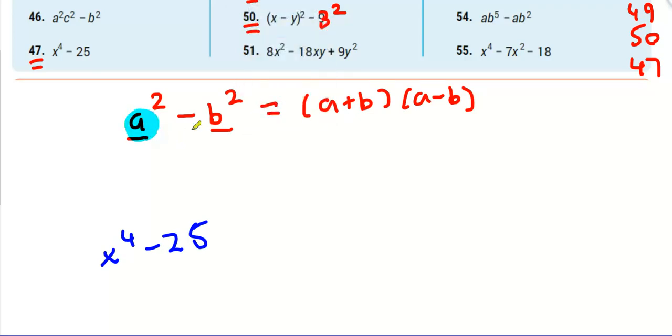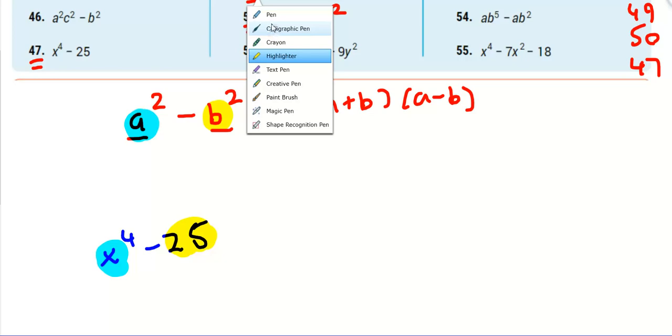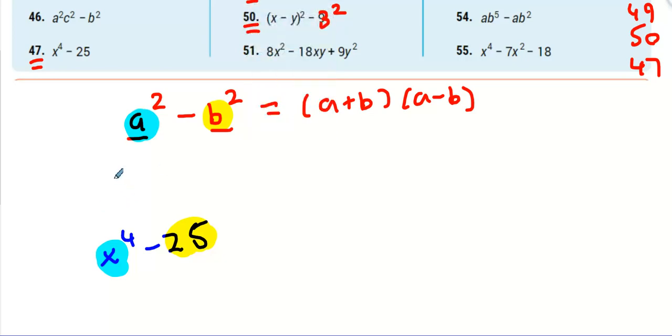There's this part here, and then there's this part here. There's two parts, and there's one minus in between both of them. Now, the only problem is neither one of them are squared right at this point in time, are they? So what can I change x4 into? Yeah, x squared could be squared. And what can I change the 25 into? Yeah. And now replacing a with x squared, what can I say?